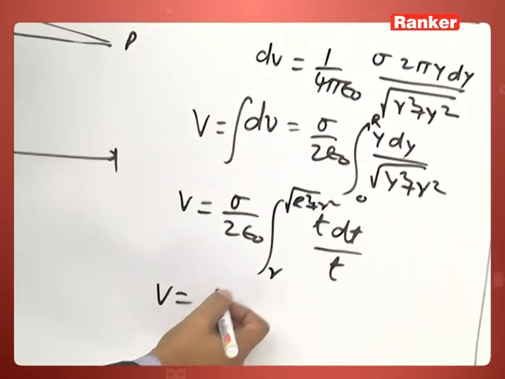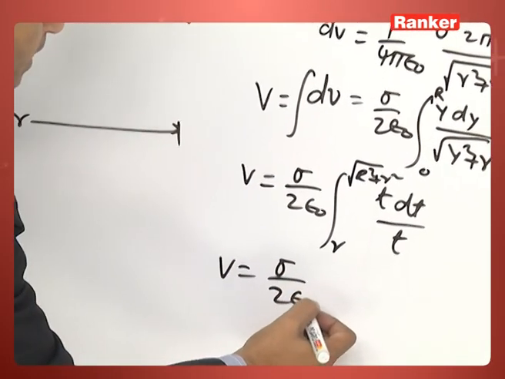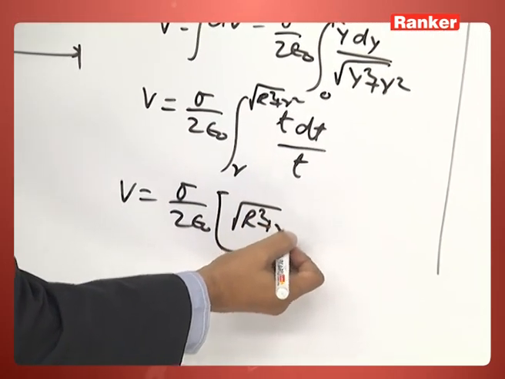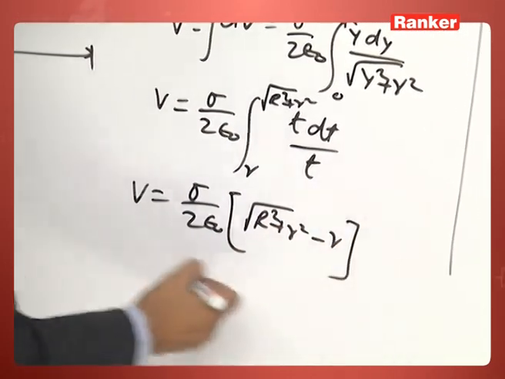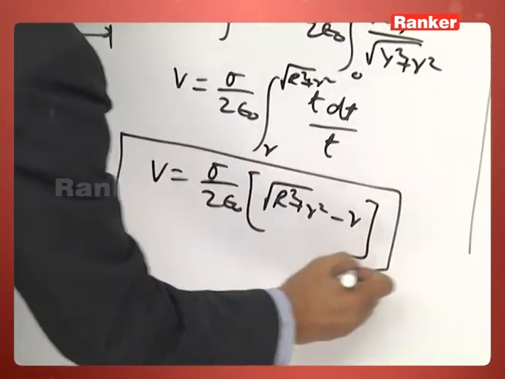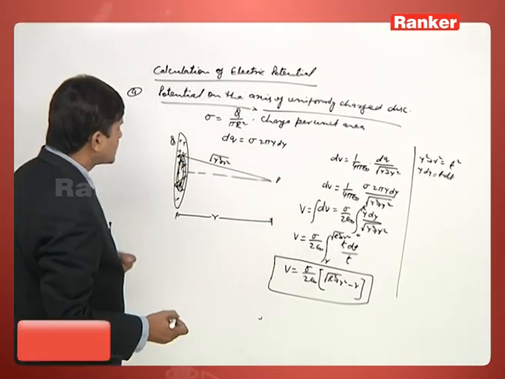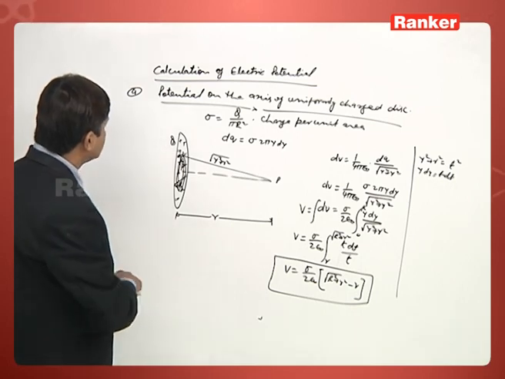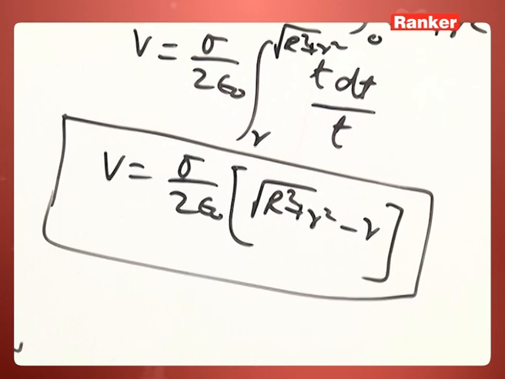So the potential will be sigma by 2 epsilon naught times root over R square plus r square minus r. This is the potential on the axis of the disk, and V is equal to sigma by 2 epsilon naught under root of R square plus r square minus r.